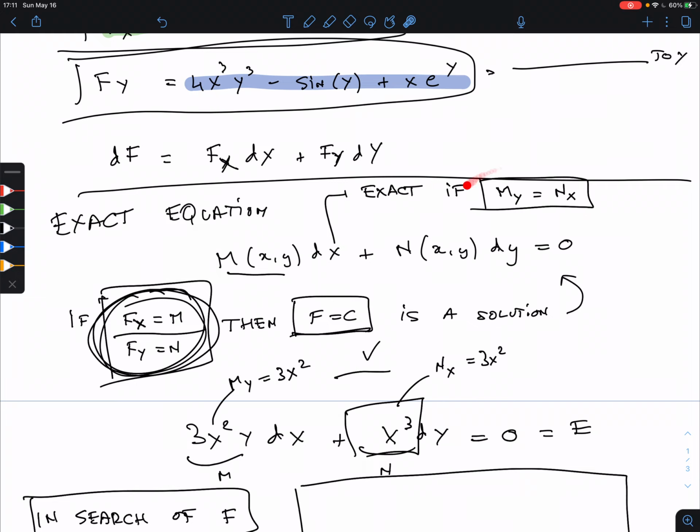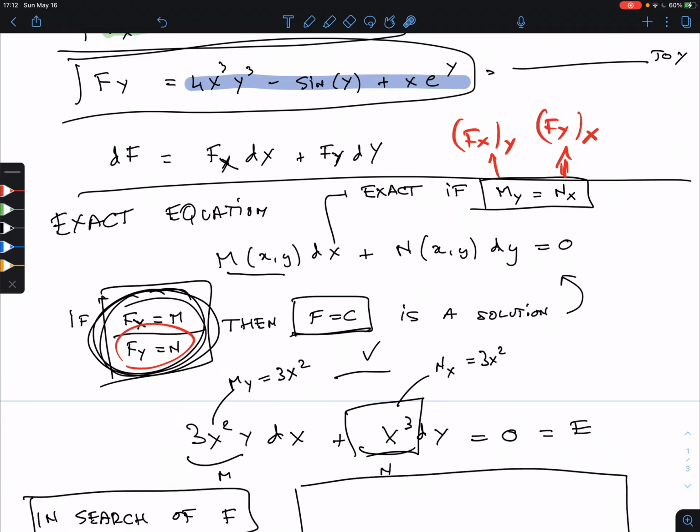Suppose this is true, what does this then become? Let's write it in red here. So M is f_x, and N is f_y, and then you take the partial with respect to x.